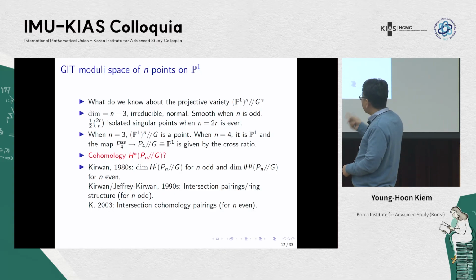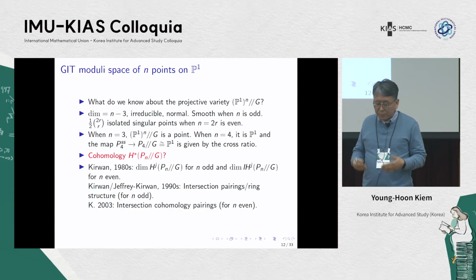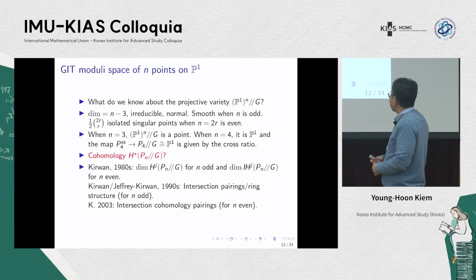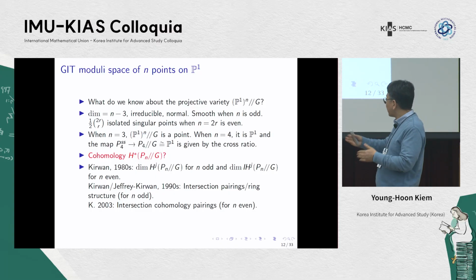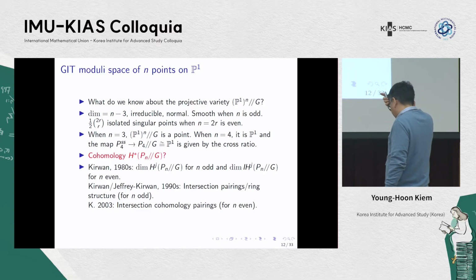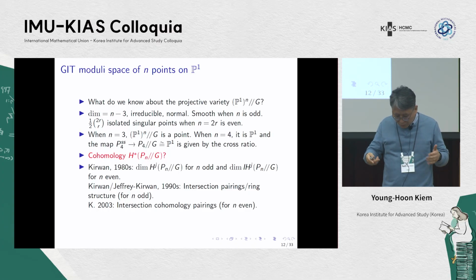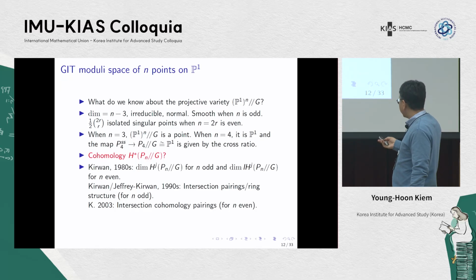In the 1990s, Kirwan and Jeffrey found a way to compute intersection pairings also, and that was worked out for n odd. For n even, I made a small contribution, and I showed how we can compute the intersection cohomology pairings for the even degree case.